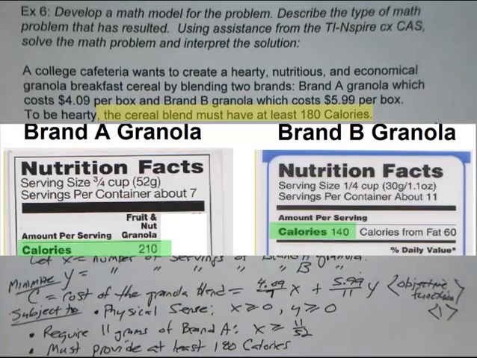We know the per serving amounts, so we can say 210 calories per serving of brand A times x servings of it, that's the brand A contribution, plus 140 calories per serving of brand B times y servings. There's our total calories on our blend, to be at least 180. This means we need this to be greater than or equal to 180.